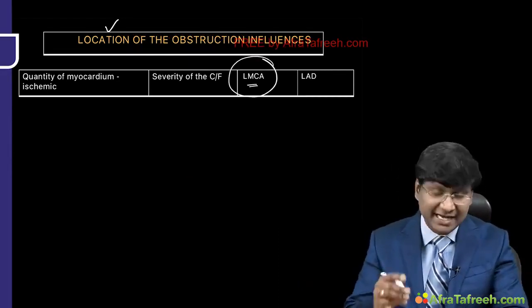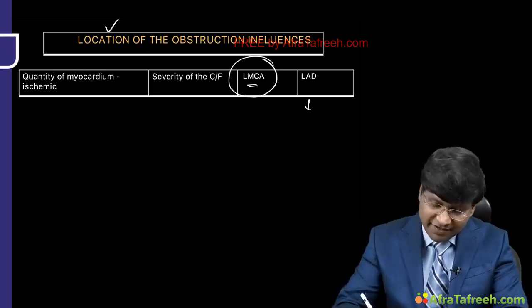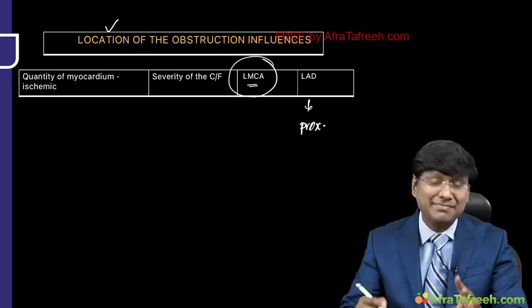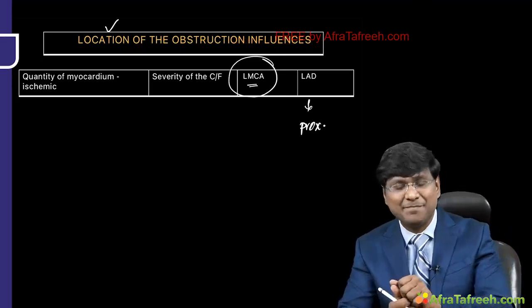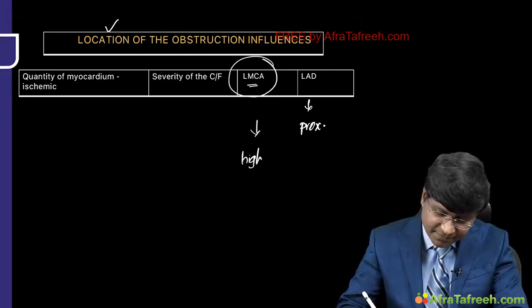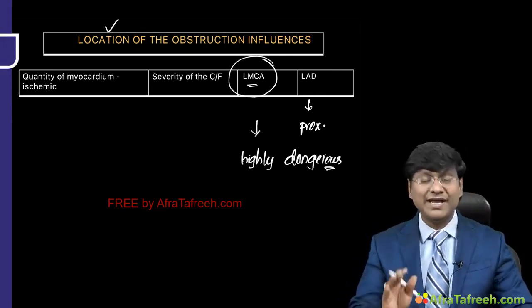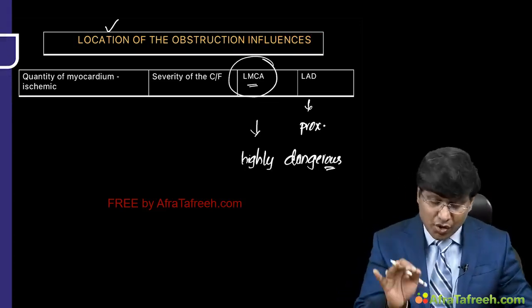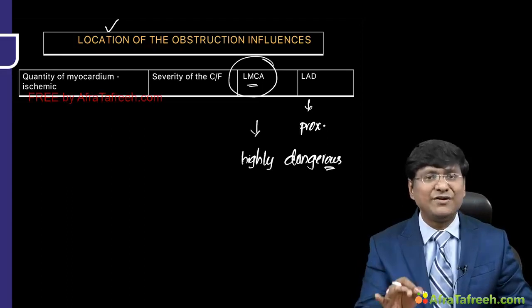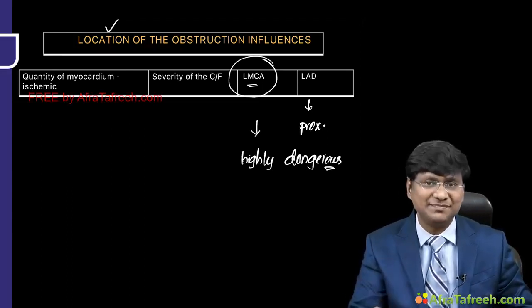So if the atherosclerotic plaque is present at the left main coronary artery, or at the proximal left anterior descending artery, that is considered to be highly dangerous. Okay, that is very, very important. So the location of the obstruction also influences the clinical manifestation within the individual.